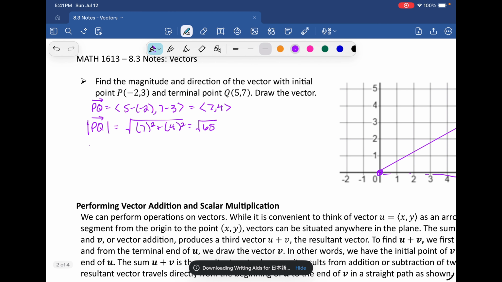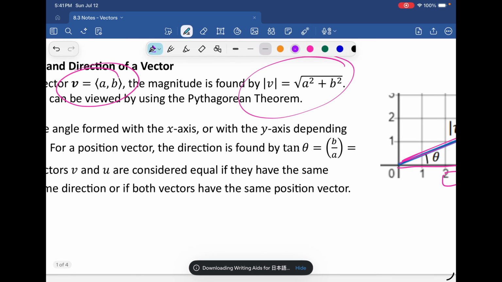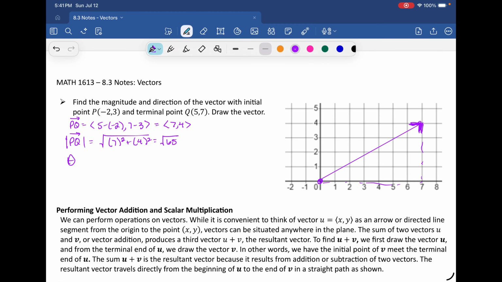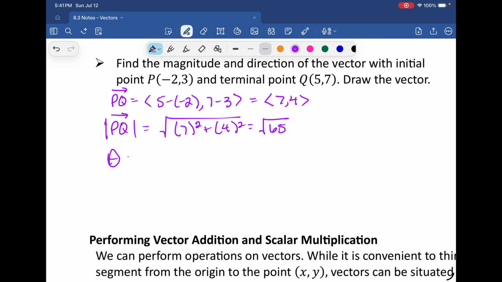Okay. Your angle, your direction angle, first off, this theta that we get right here is a reference angle. All right, it all depends on the quadrant that you end up in. Our vector in this case puts me in quadrant 1, so my angle will be positive, and it will be the reference angle itself. Let's see.